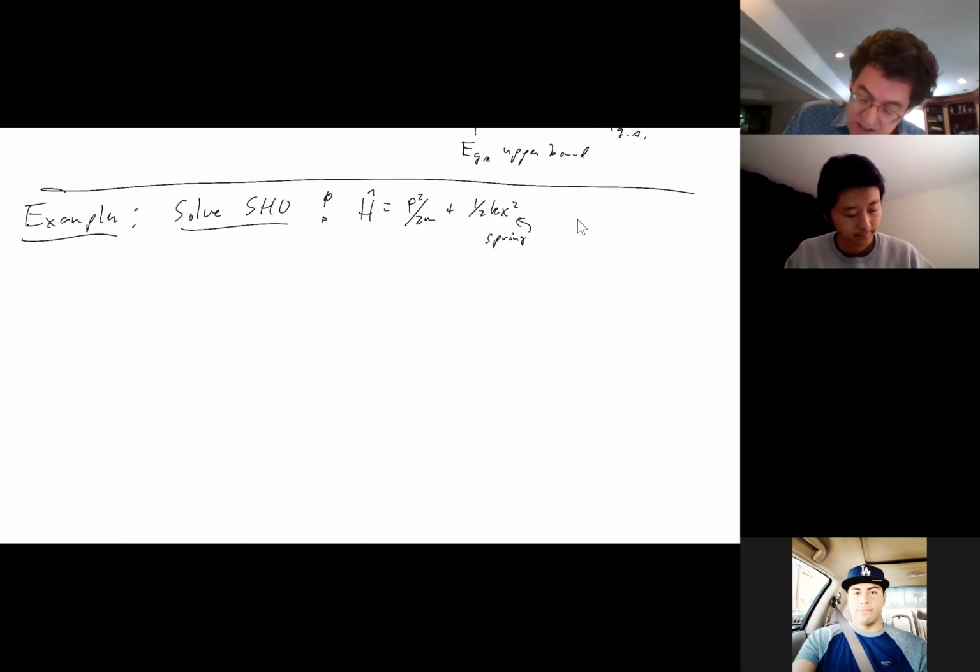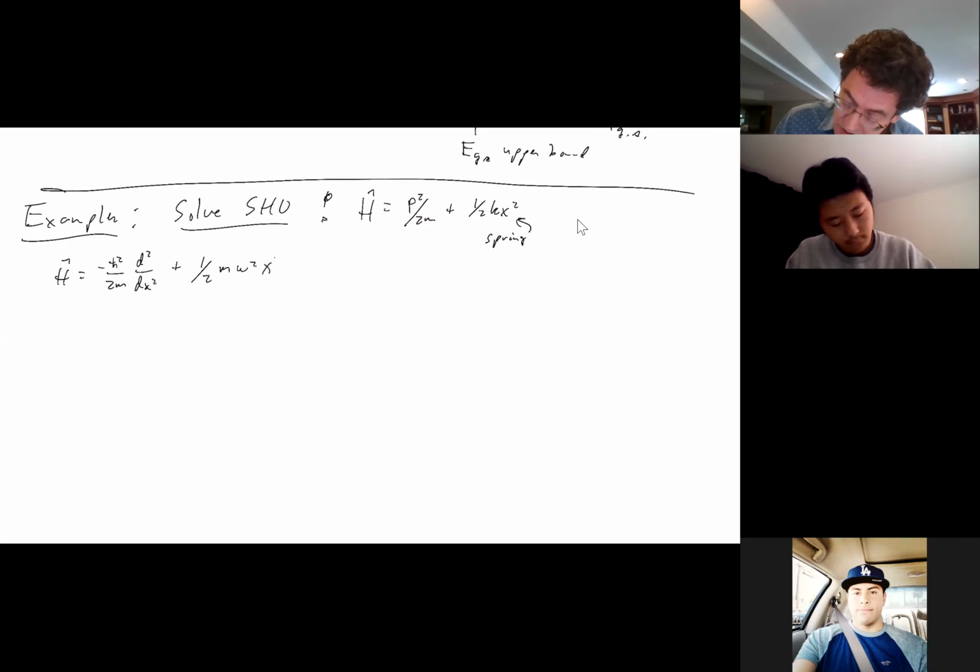And so we see that the Hamiltonian is equal to negative h bar squared over 2m, because that's the kinetic energy, d squared over dx squared, plus, and I'm going to rewrite it like this, 1/2 m omega squared x squared where omega is equal to square root of k over m.